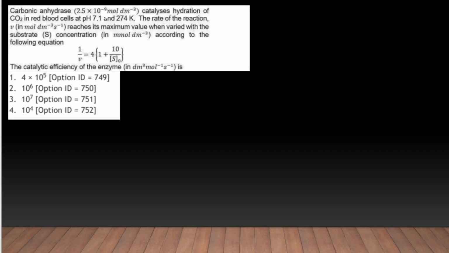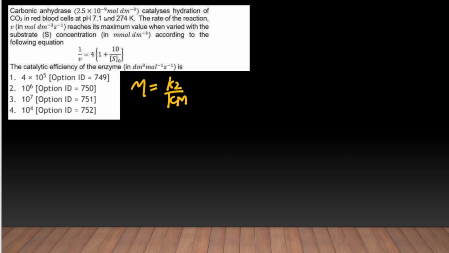According to this equation, find the catalytic efficiency of the enzyme. The catalytic efficiency means K2 by the Km value, so eta is K2 upon Km. This ratio we have to find out. This question is from the enzyme catalysis topic.